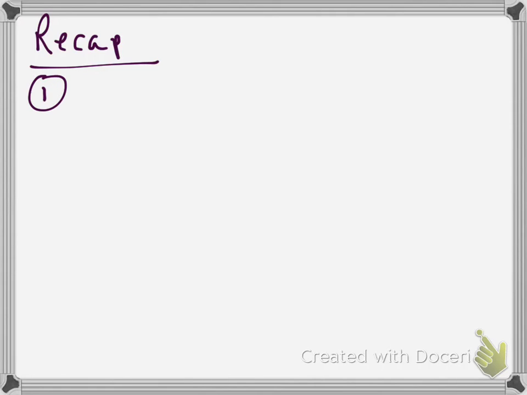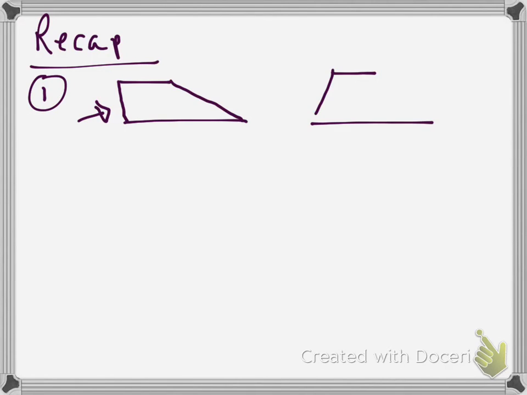Okay, let's do a quick recap. A trapezoid is a four-sided shape, and it's going to have a set of parallel lines. The two basic shapes that we see for a trapezoid would be this one, where I have a vertical line on one side, or one that looks more like this, where I have my two parallel lines but do not have a vertical side.